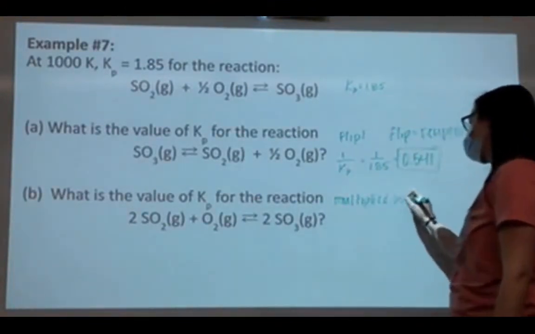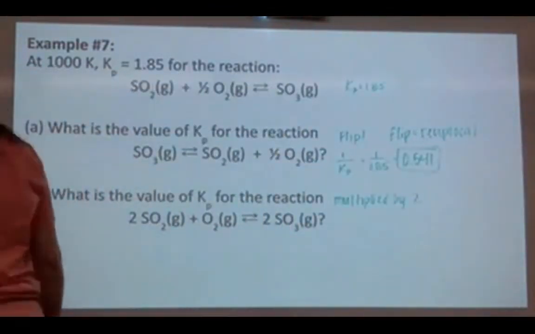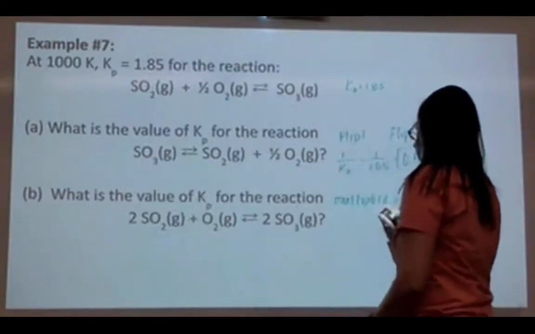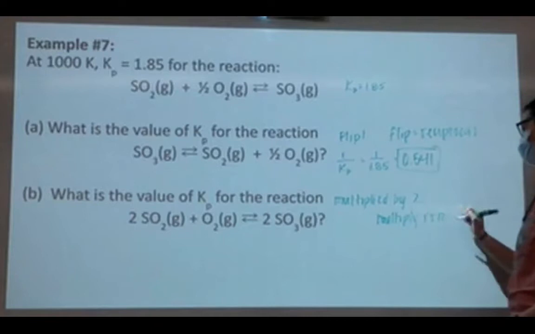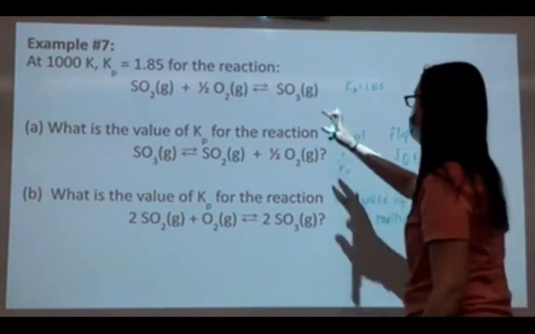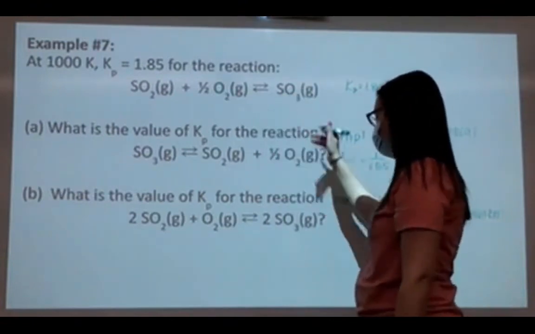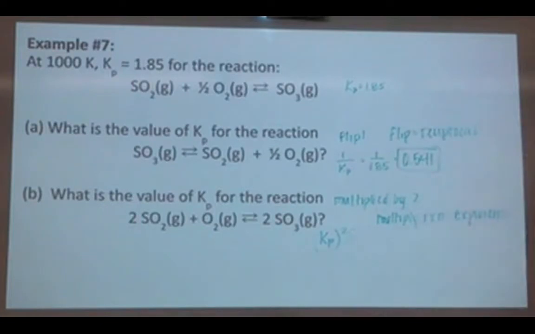Now remember, when you multiply the reaction, that factor becomes the exponent. So if we doubled the reaction, we multiplied everything by 2, it becomes Kp squared.